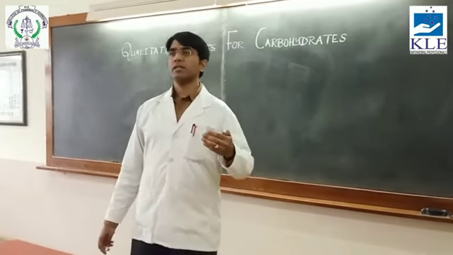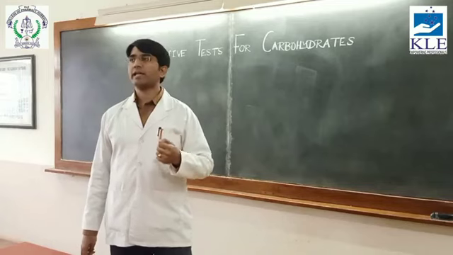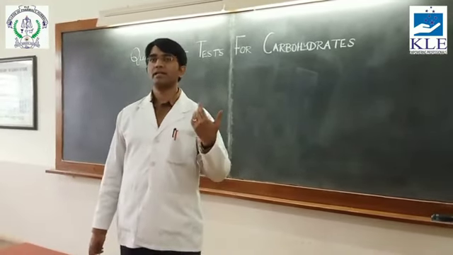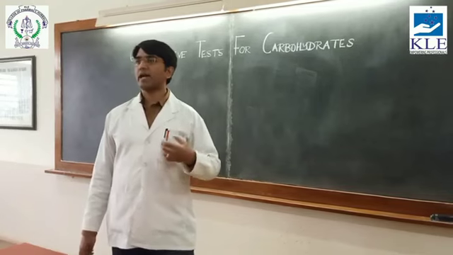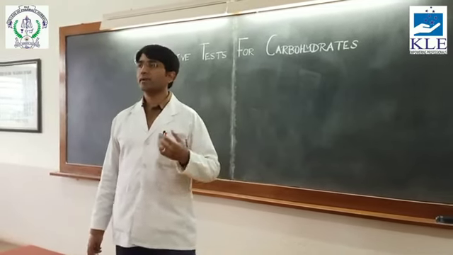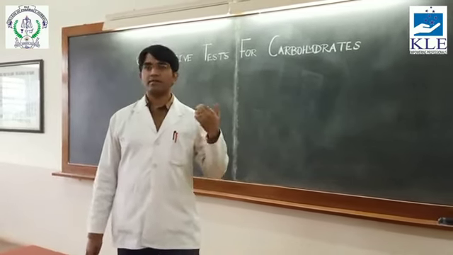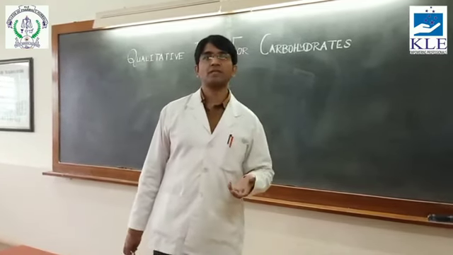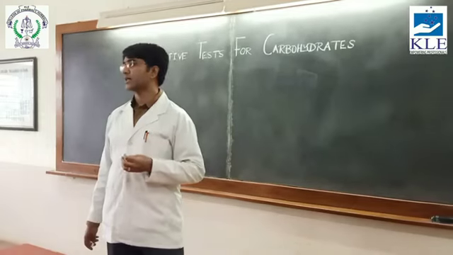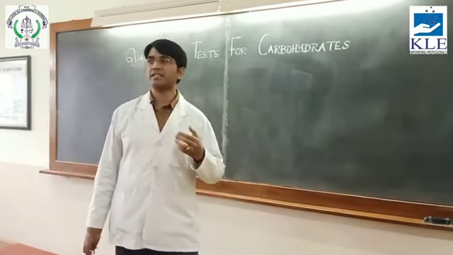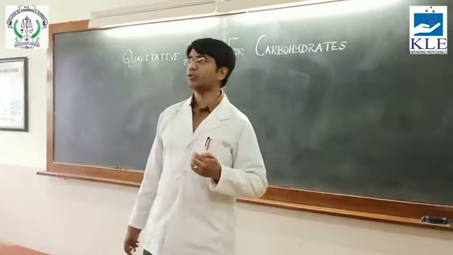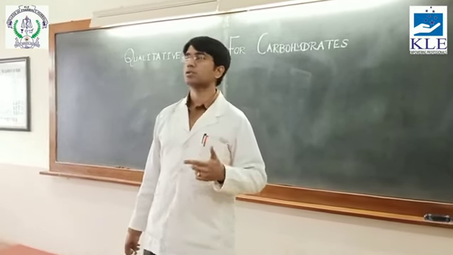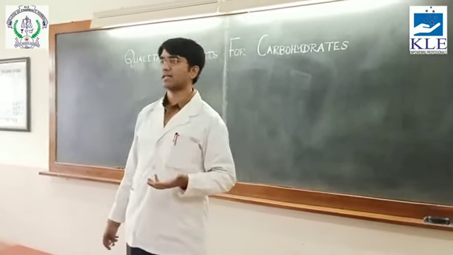We have the Molisch test, the solubility test, the iodine test, then Benedict's test, Fehling's test, Barfoed's test, Selivanov's test, and the Osazone test. By performing these tests in a systematic manner, we can get to know which sample is given to us, whether it is glucose, fructose, maltose, lactose or starch.